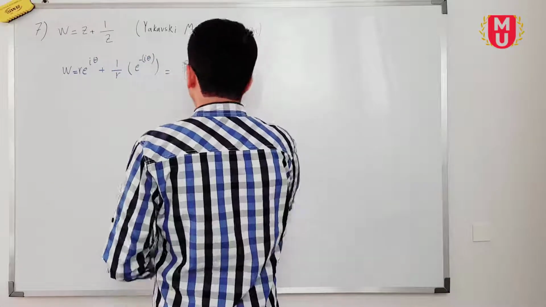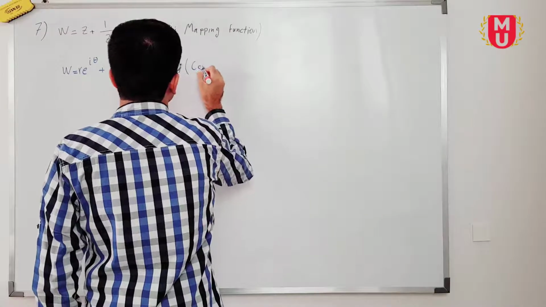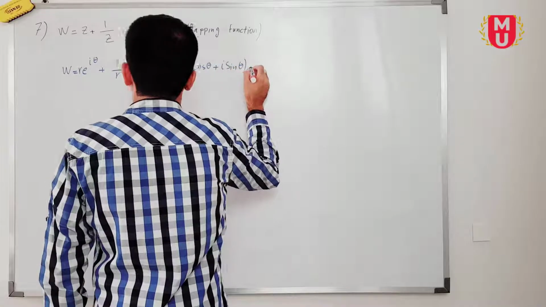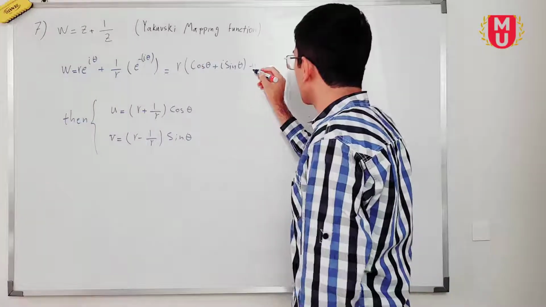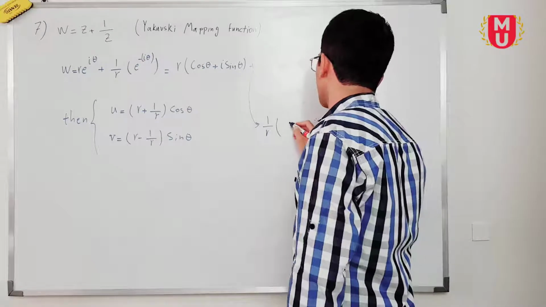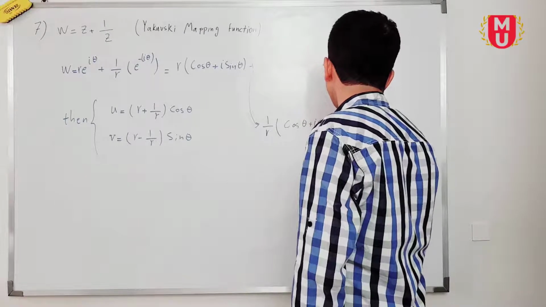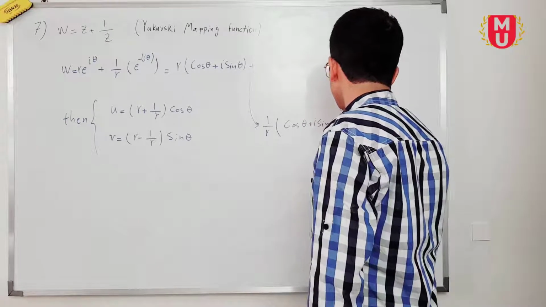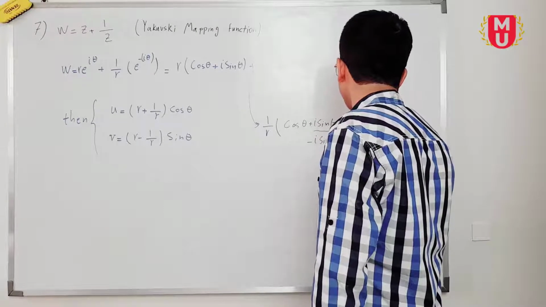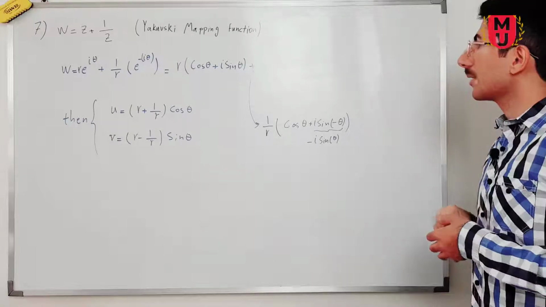Then in the polar form, we will have r times cosine theta plus I sine theta, plus 1 over r times cosine theta plus I sine of minus theta. Its equivalent will be minus I times sine theta. It sends the minus out of the sine operator.